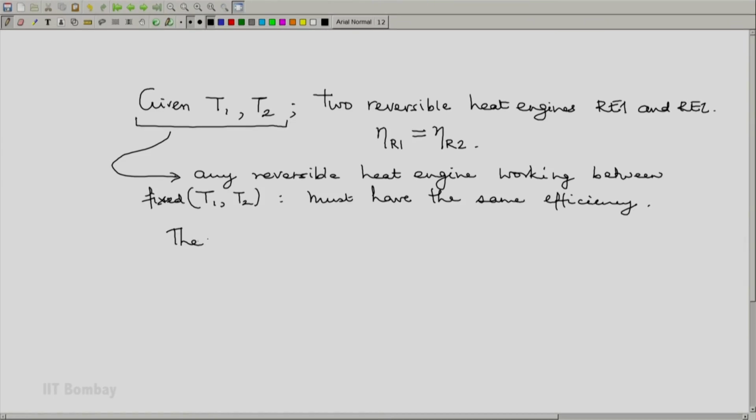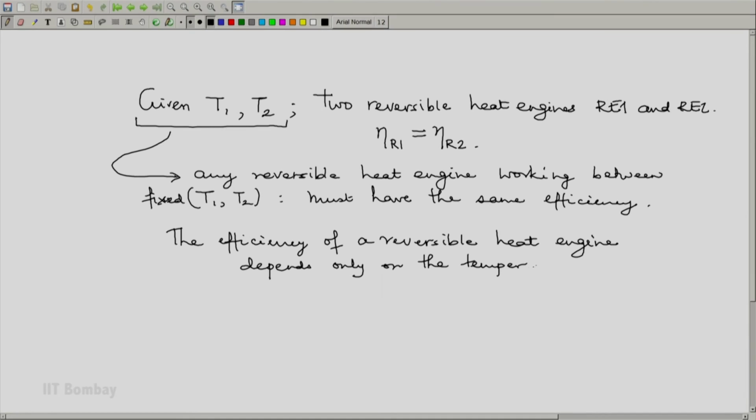Turning this around, we can say that the efficiency of a reversible heat engine depends only on the temperatures between which it works. In mathematical symbolism, if eta R is the efficiency of a reversible heat engine, it is a function only of T1 and T2 and of nothing else.